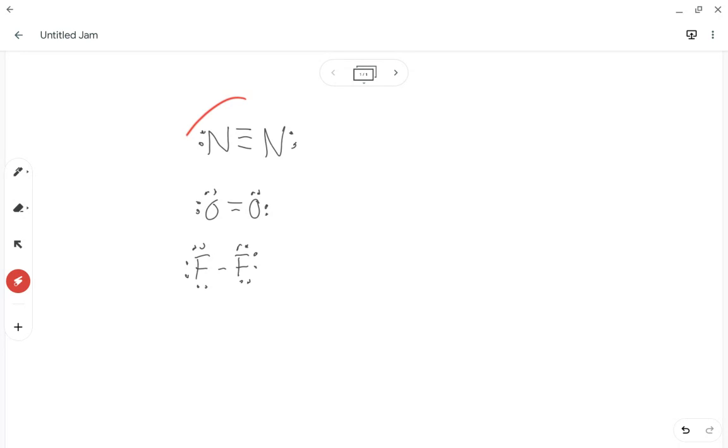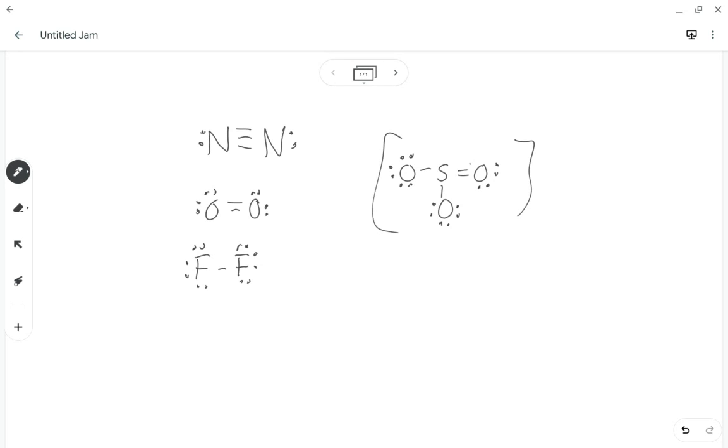But in addition to triple bonds being shorter and stronger, it's also what gives us the evidence necessary for doing things such as resonance structures. For instance, in the SO3 molecule, when you start drawing that, you realize that you have to draw the three different resonance structures, and you have the double bond over there.